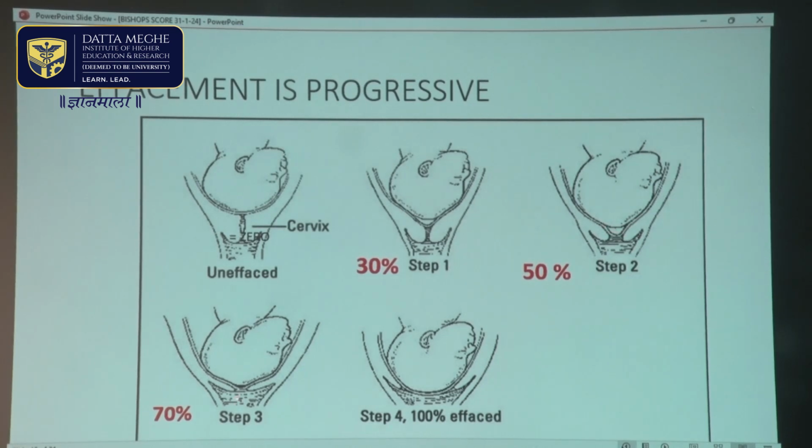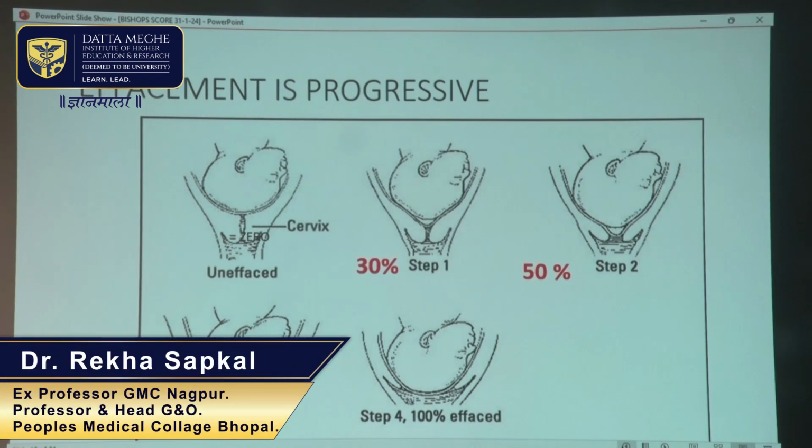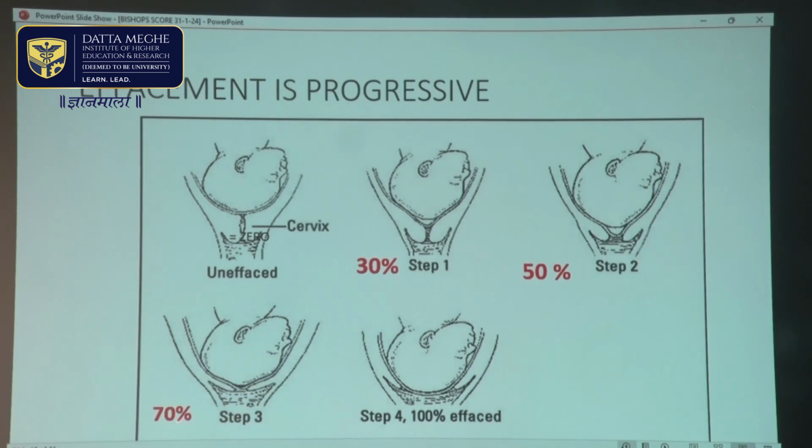Next, there is progressive stretching of the internal os, and it becomes a little horizontal in direction, and this is how the bag of membranes and the descent of the head help for further effacement of the cervix up to 70%. Step 4, here is a fully effaced cervix, meaning it is vertical and the internal os is fully opened.